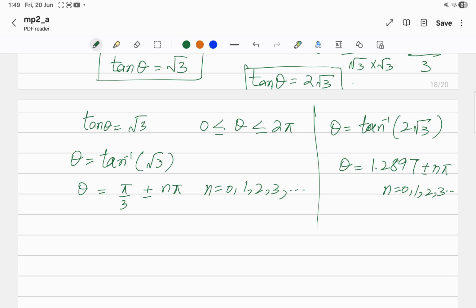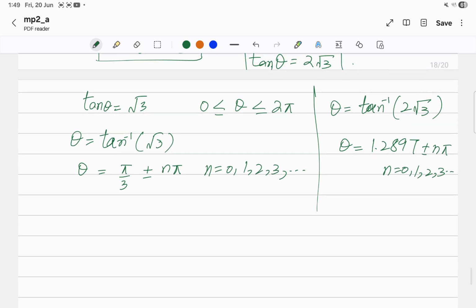So now since our tan is positive here and it was positive here as well, if you consider the quadrants, in first quadrant all the trig functions are positive, sine positive, tan positive and cos positive. So the tan is positive in first quadrant here, and in third quadrant here.